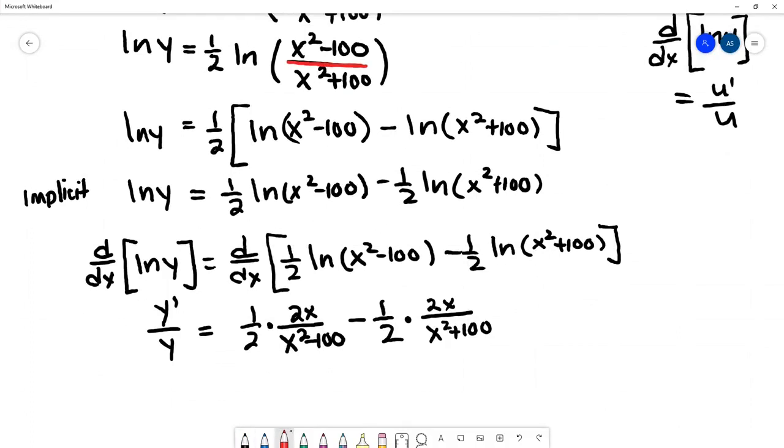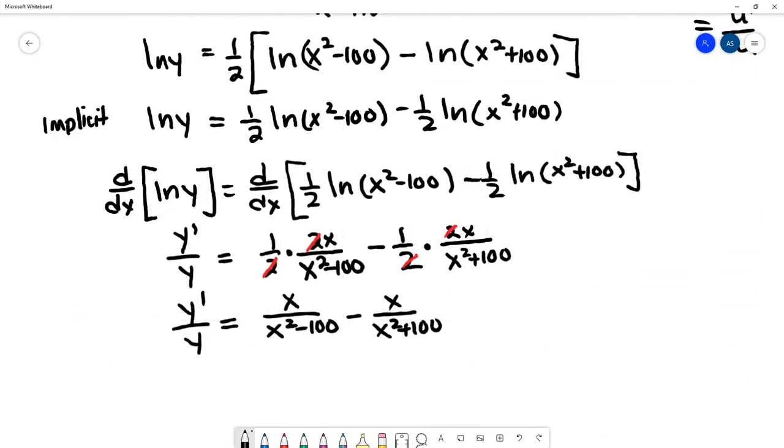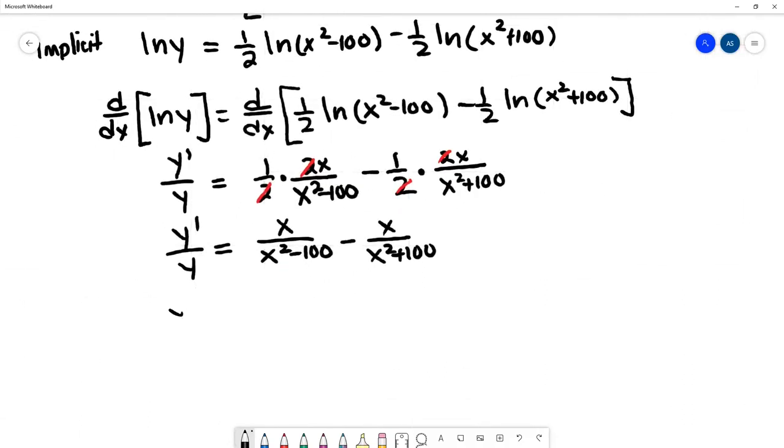So I'm going to do some cleaning up. These 2's cancel. And I have y prime over y equals x over x squared minus 100 minus x over x squared plus 100. I'm going to clean up the right-hand side by combining these into a single fraction. So I need to get a common denominator.